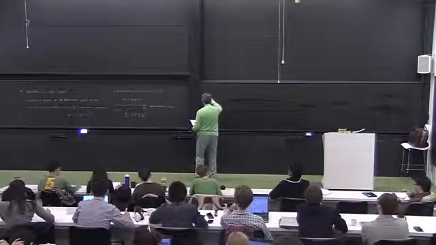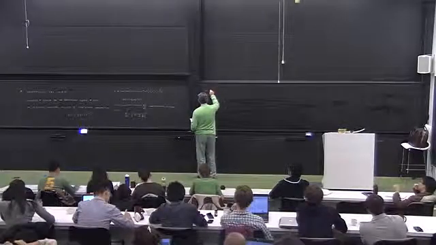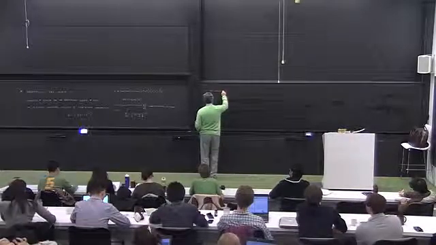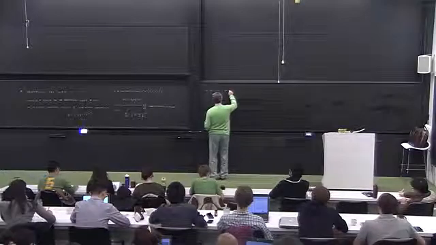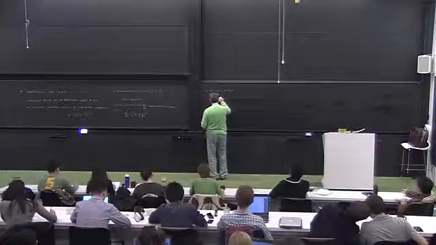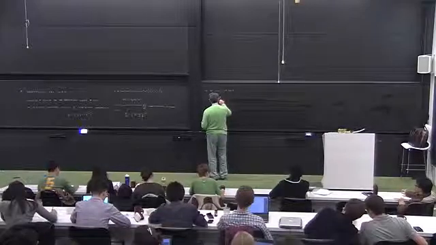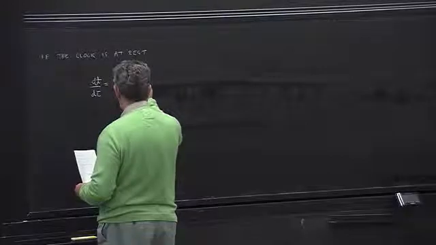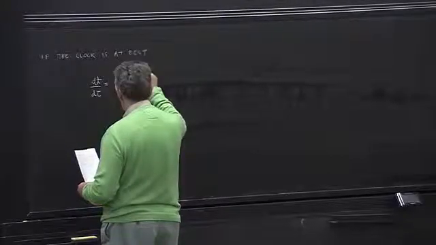So if the clock is at rest, dt by d tau equals minus g naught naught to the minus a half.